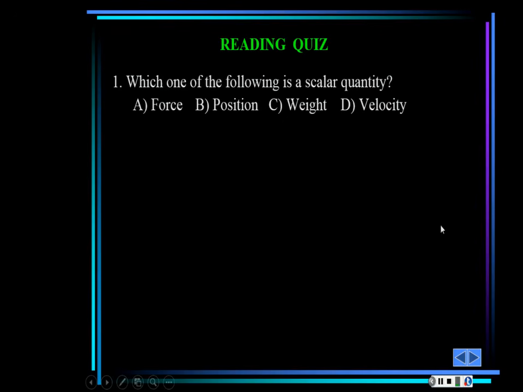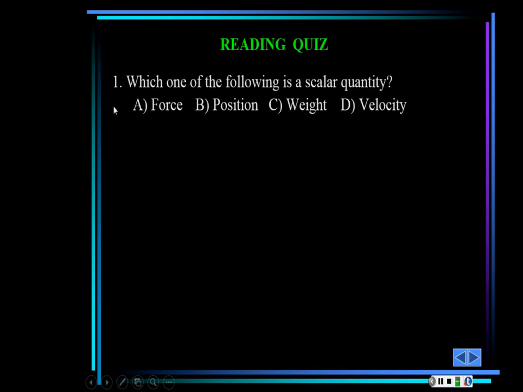As we're going to check later, maybe next class, you're going to realize that position is not a scalar, because position also refers to a spatial location, and it gives you the location of a point with respect to another point, which basically tells you that there is a direction associated with it.